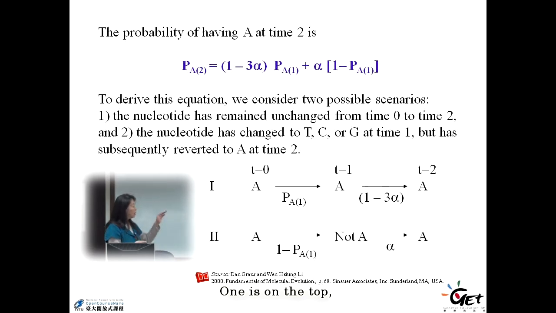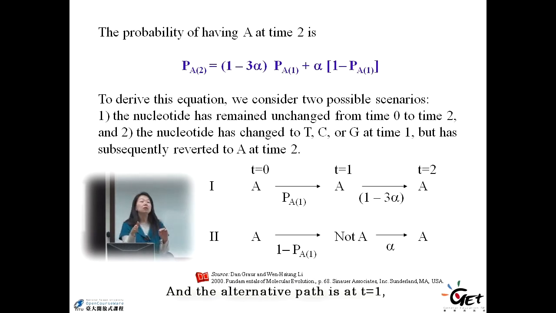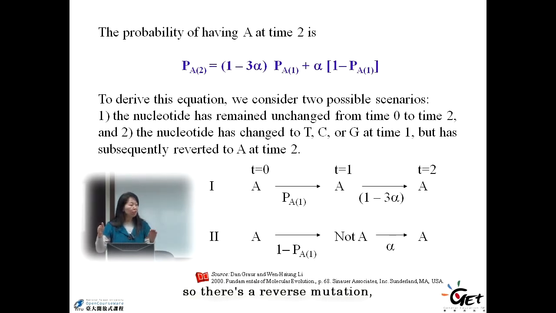One is on the top: it's A at all time points, at t equals 0, t equals 1, and t equals 2. The alternative path is that at t equals 1 a mutation happens, and it changes to T, G, or C. Then it changes back, so there's a reverse mutation, back to A at time equals 2.